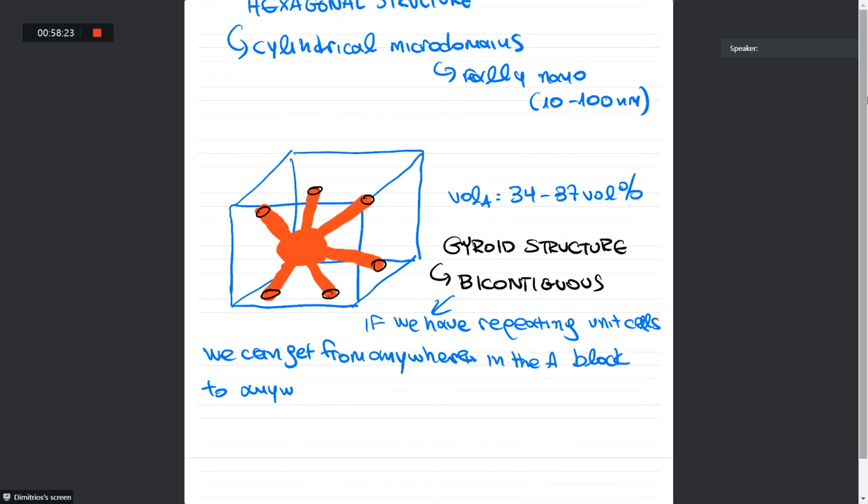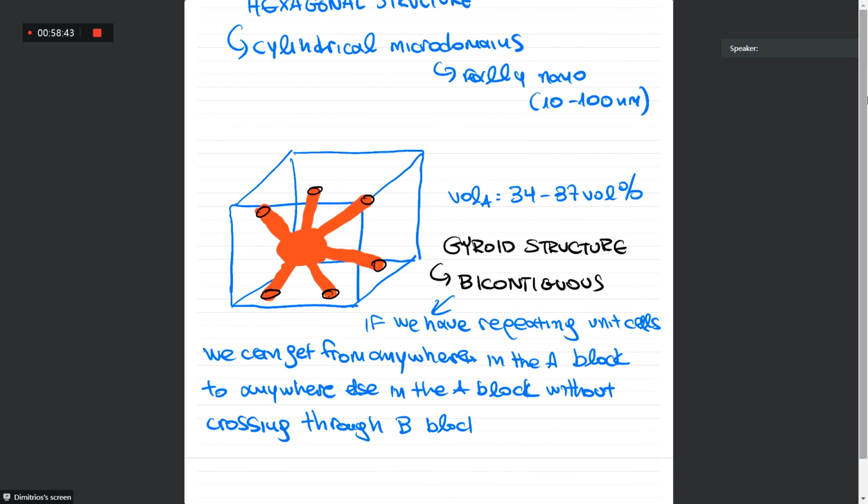So we can move only within this A structure without getting into the B monomer. This takes place at very narrow volumes, though.